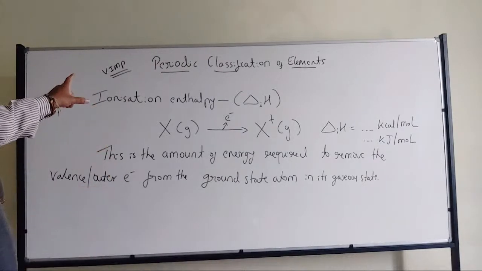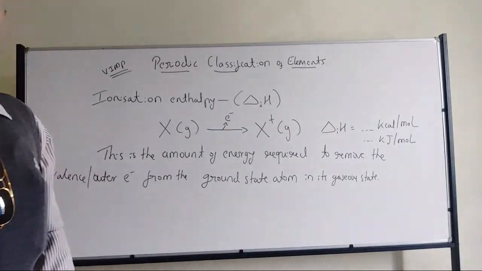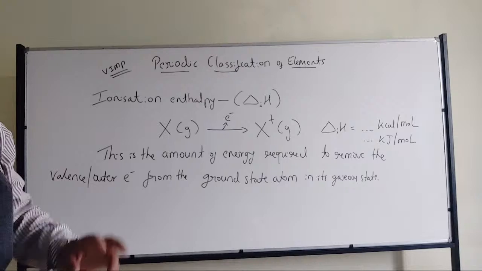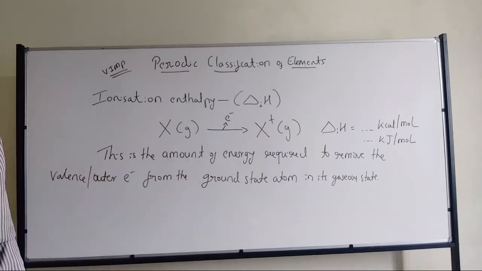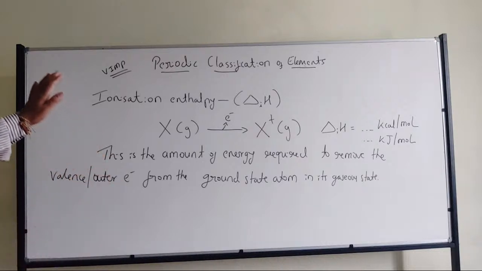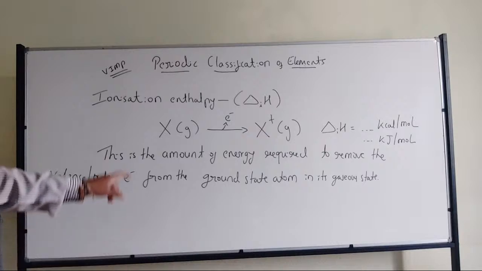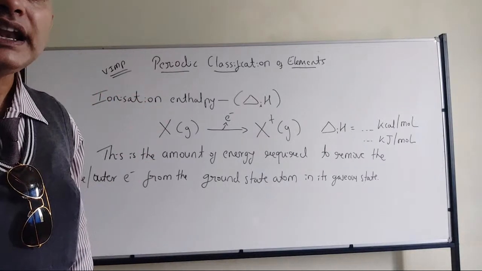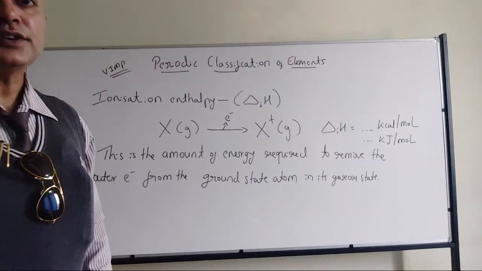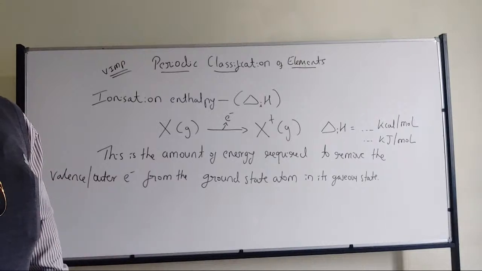People will call it ionization enthalpy or ionization energy. In some textbooks you will find the word ionization energy, that is also fine, or ionization enthalpy, that is also fine. In both cases the meaning is the same: the amount of energy required to remove the valence electron from a gaseous ground state of the atom.